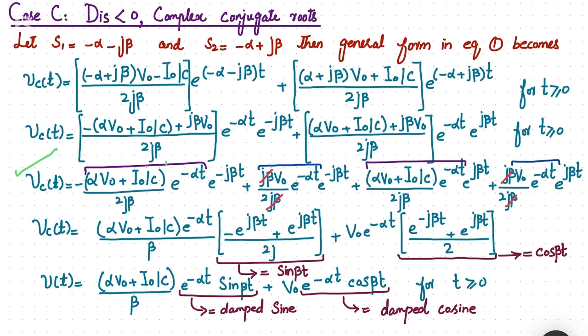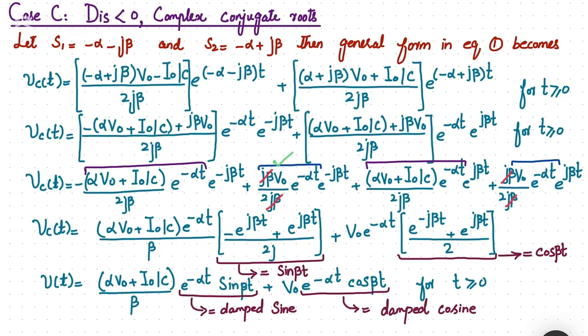From this equation, if we focus on the purple factors, they have this common: minus alpha v naught plus I naught over c into e raised to power minus alpha t over 2j beta. This is common over here and over here, so we can take it common, and the rest of the thing we get is e raised to power minus j beta t plus e raised to power j beta t over 2j.